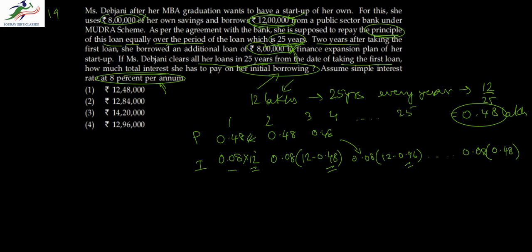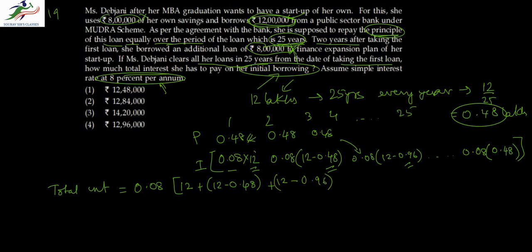So therefore the total interest on the first loan will be the sum of all these interests. So this is nothing but 0.08 into 12 plus 12 minus 0.48 plus 12 minus 0.96 and all the way up to 0.48, which will be the last term.